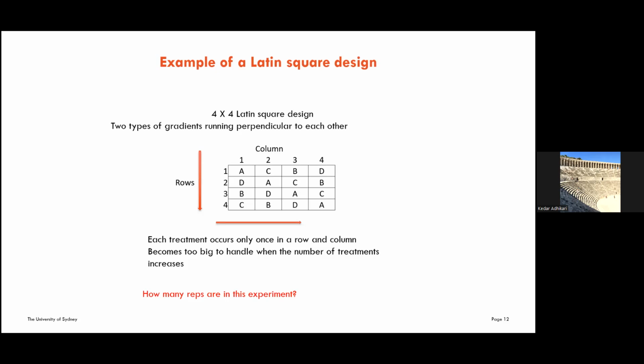As I said before, this is an example of a 4x4 Latin square design. You can see here A, C, B, D. Every row has a treatment just once, and the same thing for every column. You can see that.